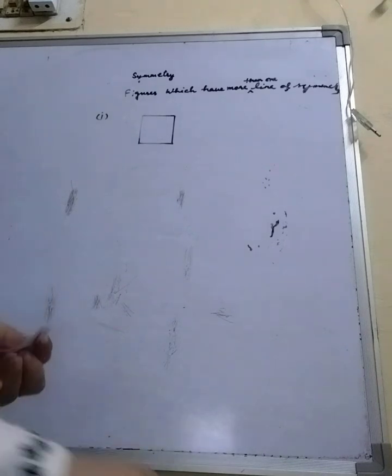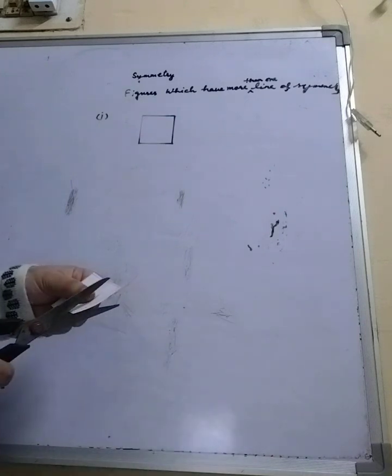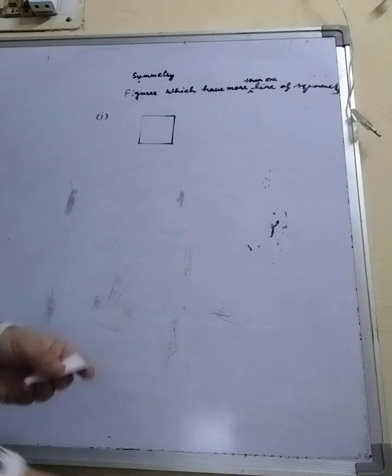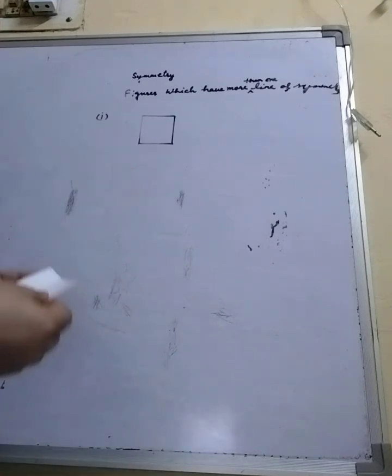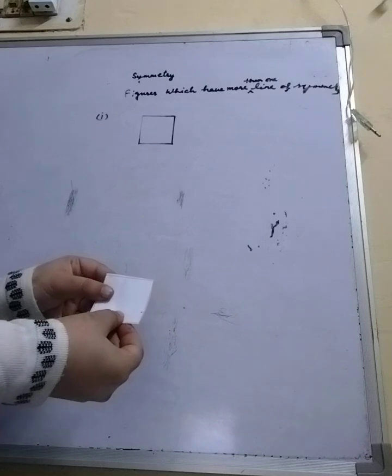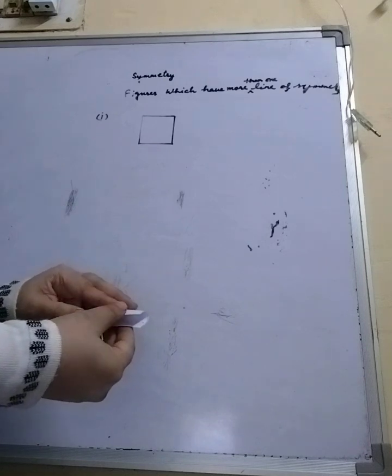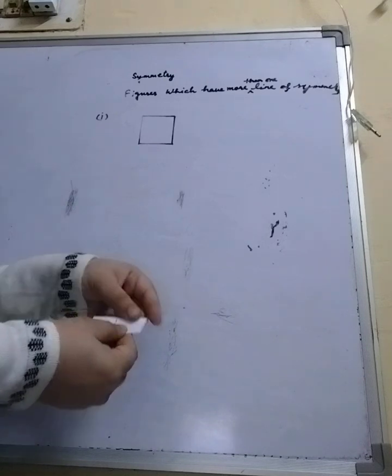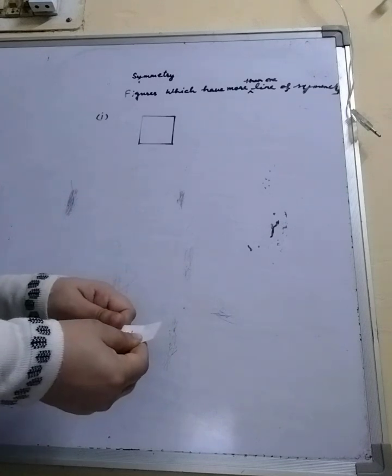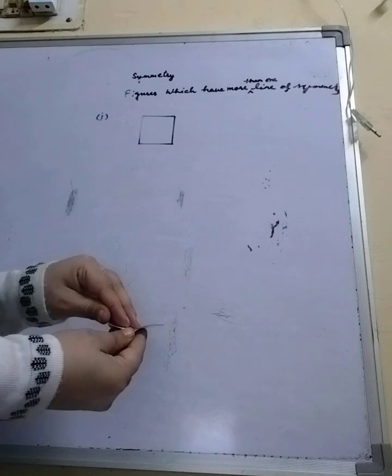Now what is the line of symmetry for this square? So you know that line of symmetry is a fold in which one part overlaps the other. So what is the simplest? Let's start doing the fold of this square. So first square can be folded like this. Upper part folded over the bottom part.